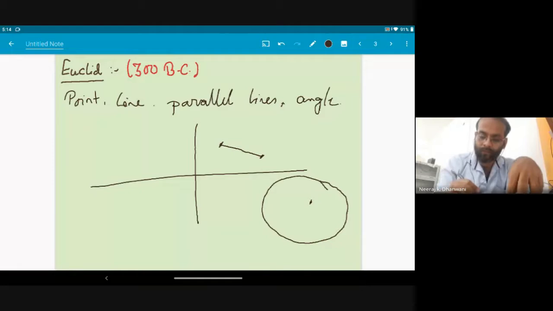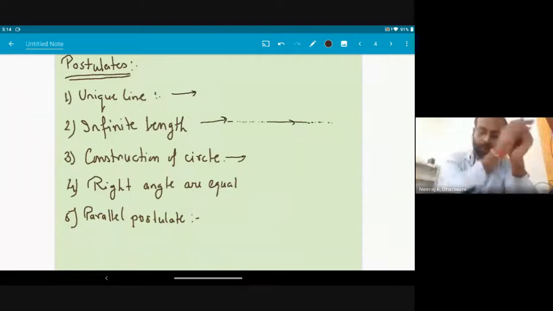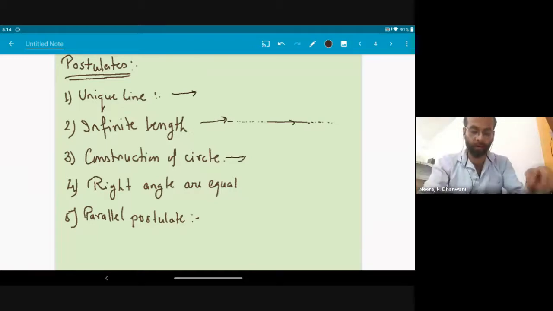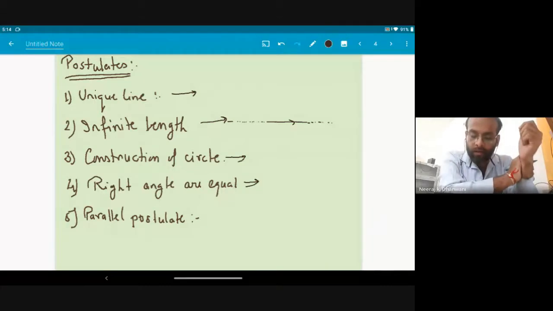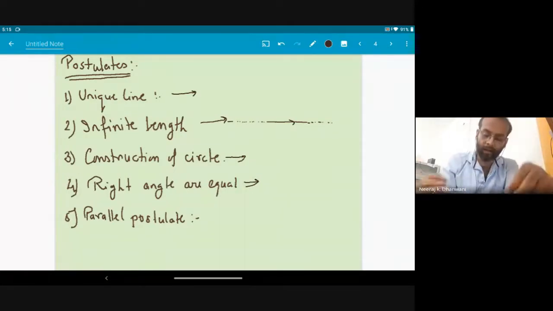For a first-timer looking at this, these are basic definitions which we always assume in our geometry, but they are the first postulates. The fourth one is that right angles are equal. Whenever you draw a right angle, it should be equal to 90 degrees. That's the meaning of the right angle.